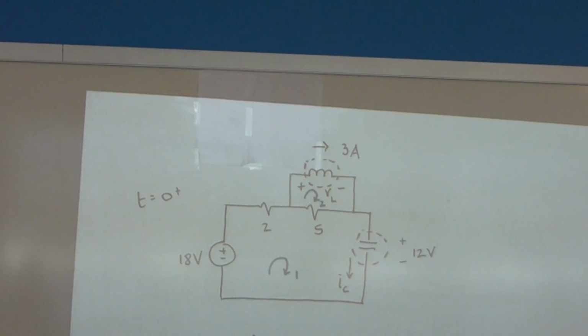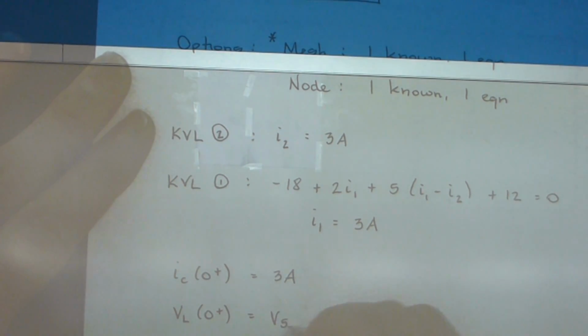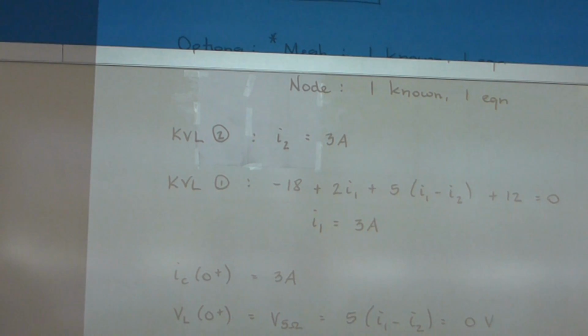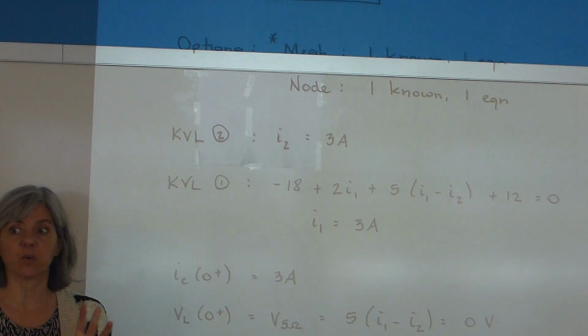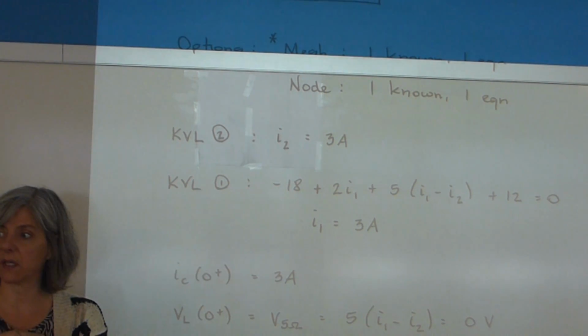So V across the 5 ohms is 5 times (I1 minus I2). They're both 3, so 0 volts. That's just an oddity. It's temporary, it's going to start changing immediately after this.